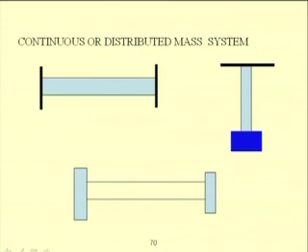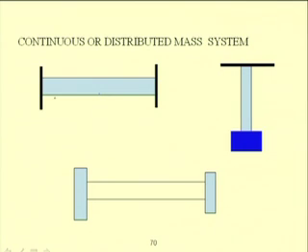As these continuous or distributed mass systems can be represented as an infinite number of spring and mass systems, one can have an infinite number of natural frequencies, and so an infinite number of mode shapes of the system.